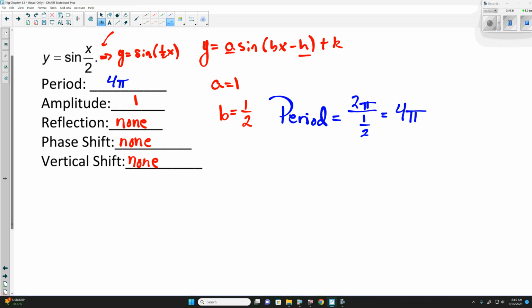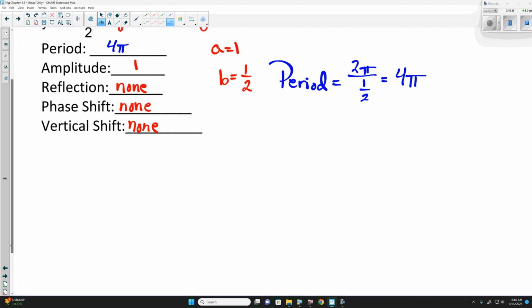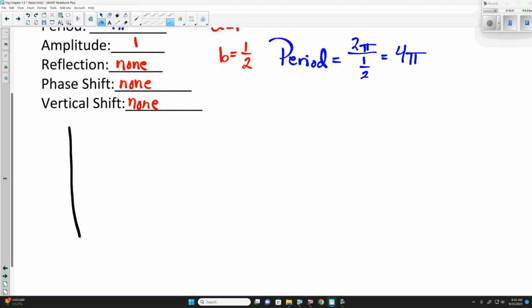Amplitude is 1. There is no reflection, no phase shift, no vertical shift. So you don't have to put this down. 1, -1.